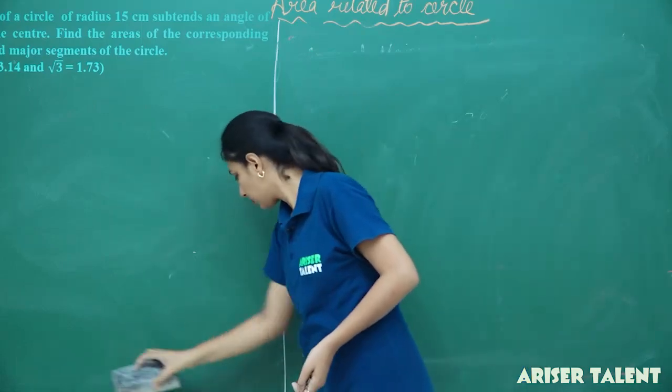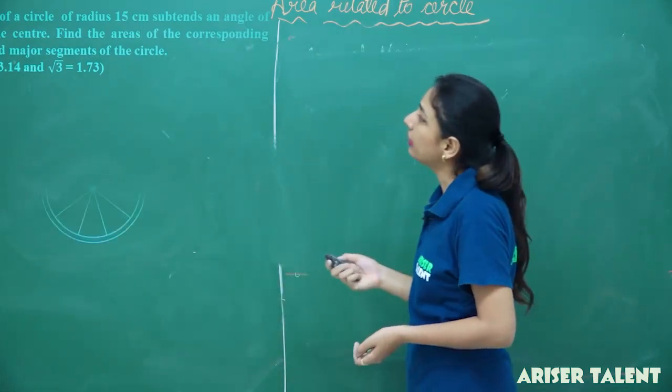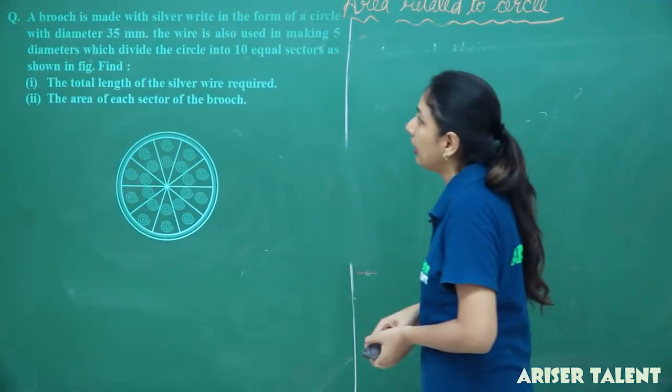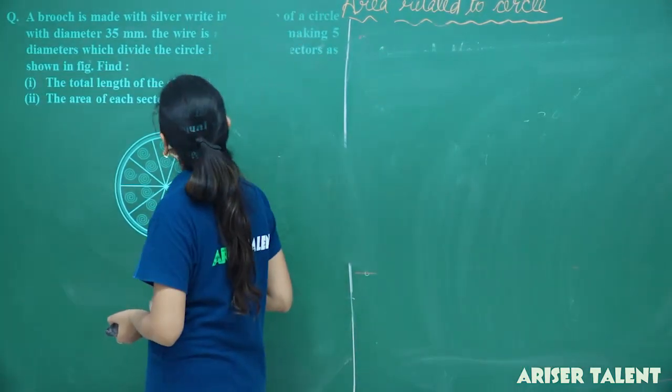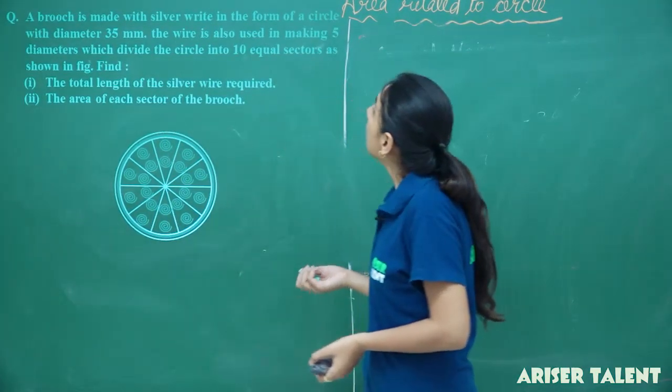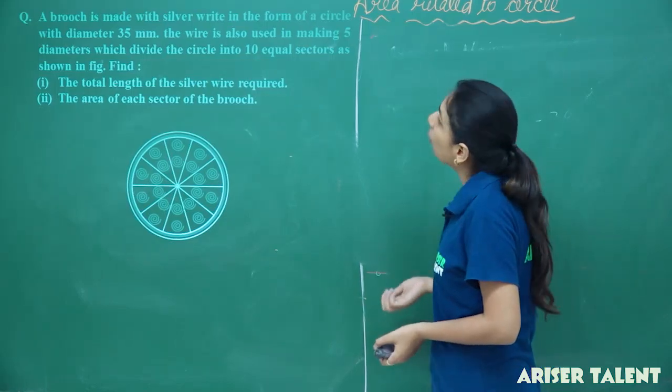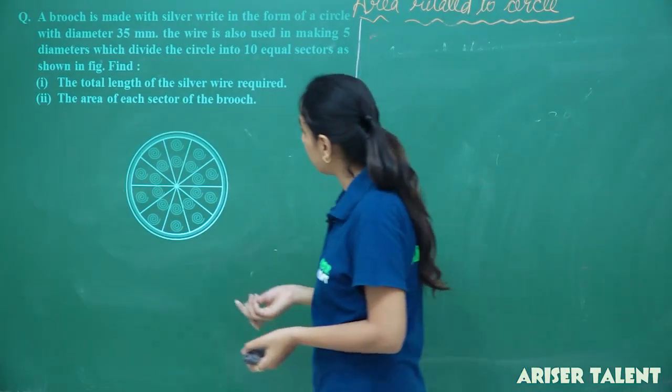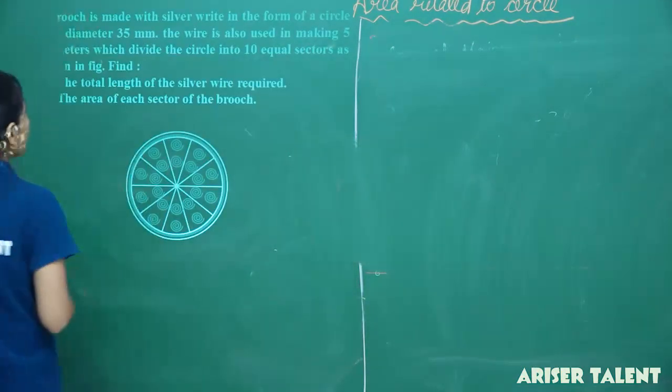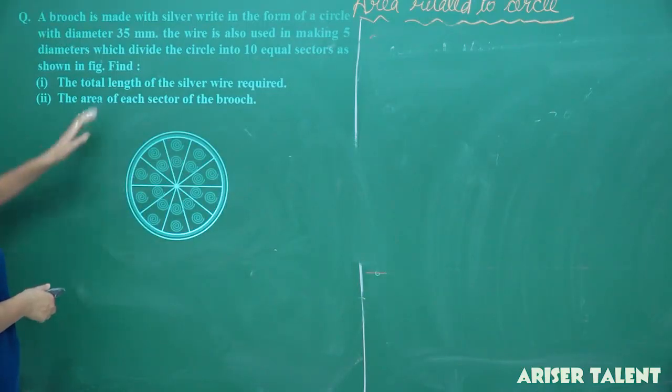Okay, students, so next question we are having this. A brooch is made with silver, in the form of a circle with diameter 35 mm.